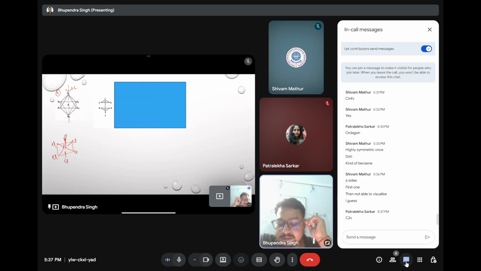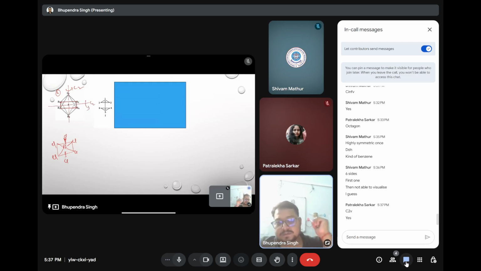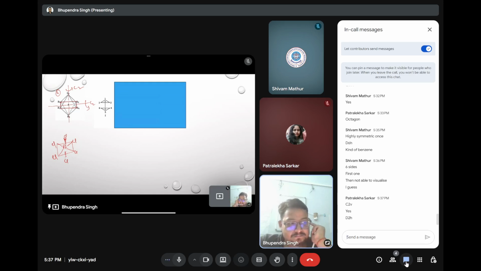Sorry, this rectangle B1, B2, B3, B4. If this is a rectangle, then also C2 is present, and one C2 passing from here is also present. Then tell me the point group. Yes, D2H.